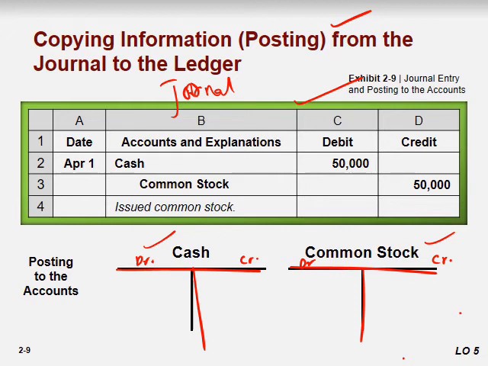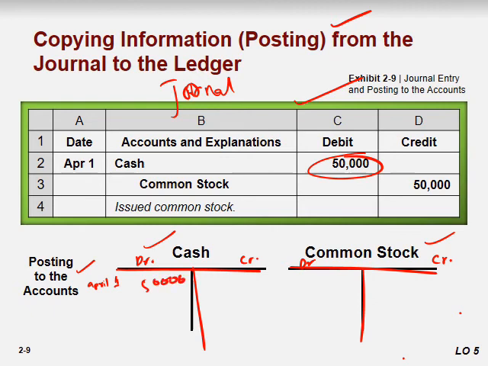So how are we going to post it? Since in this transaction the date is 1 April, you can write it down here, April 1. And why do I write it here? Because this is the debit side, so just write down 50,000 here.